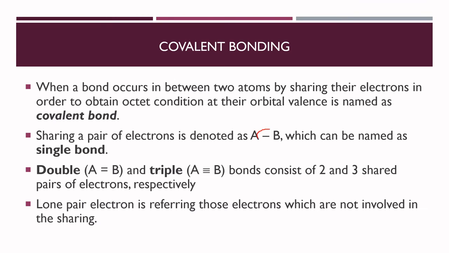Double and triple bonds consist of 2 and 3 shared pairs of electrons respectively, while lone pair electrons refer to those electrons which are not involved in the sharing.